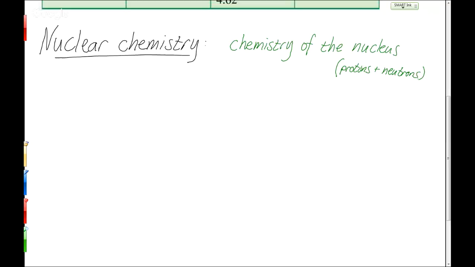All right. So we should talk about a couple terms that come up in these types of reactions and that you've probably heard before, but maybe you don't have a really good definition of in a really specific way. And the first one is radiation.